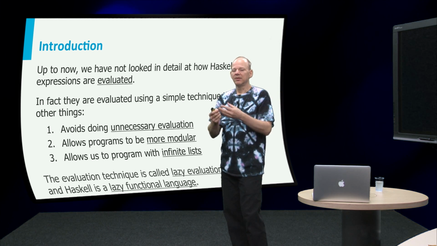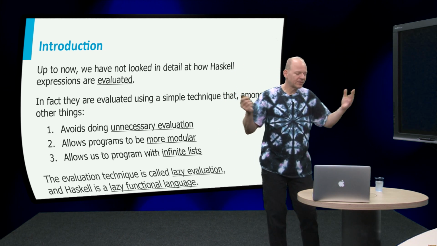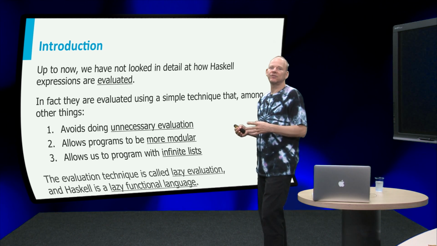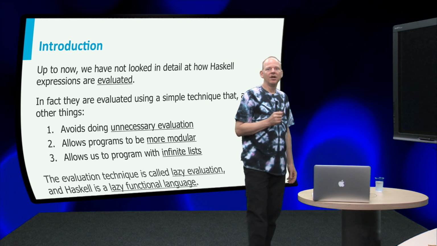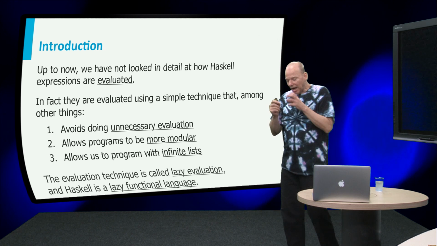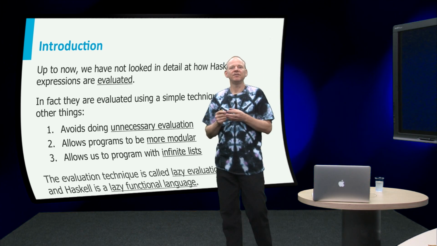And think about you being a lazy person. The prototypical example is doing the dishes, all right? I hate doing the dishes, so I want to avoid unnecessary evaluation, all right? So I want to only wash a dish when it's absolutely necessary.